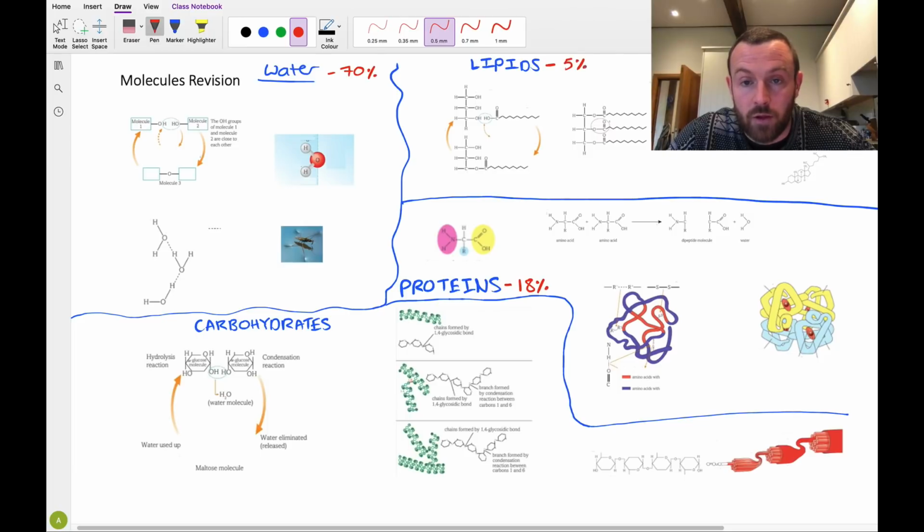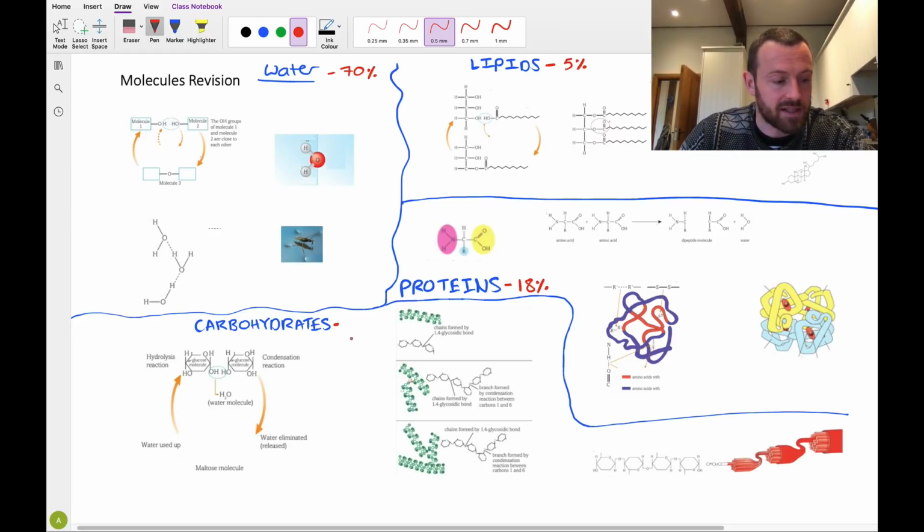So that could be all the membrane, so the nuclear envelope, the phospholipid bilayer on the outside of the cell, the cell surface membrane, also the endoplasmic reticulum, the rough and smooth endoplasmic reticulum. And then carbohydrates in a mammalian cell would be around about 2%. In fact, it's probably a little bit higher than that. That figure of 2% is just for the polysaccharides, but there's glucose as well.